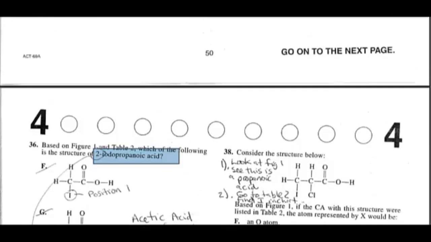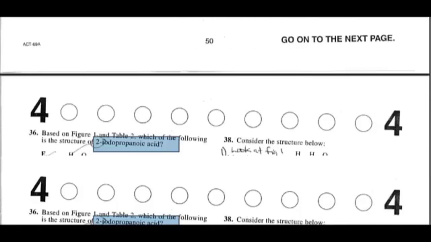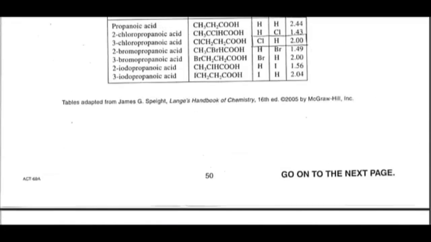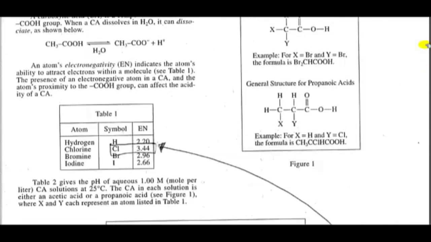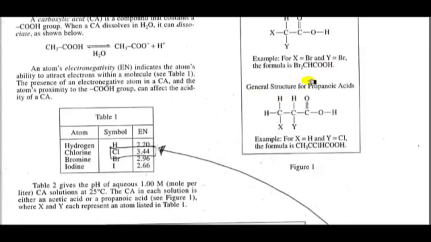When you look at the figure, you'll see a propanoic acid here at the top has 2 hydrogens and an oxygen across the top. That is the definition of a propanoic acid.